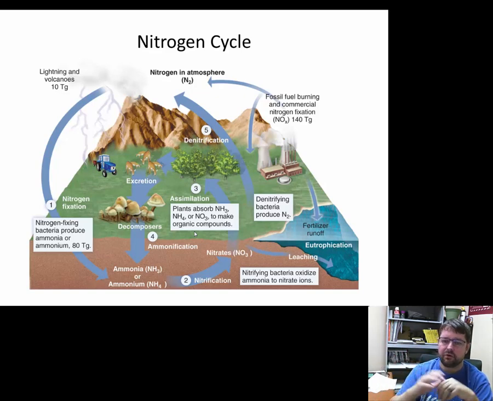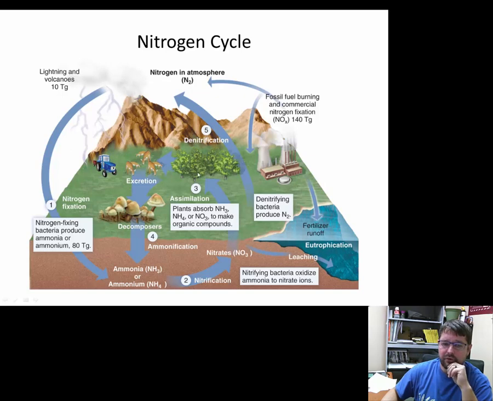And we'll watch a little video later about that system. But the other thing that can happen is, just by burning fossil fuels, you're still going to increase nitrous oxide that enters the atmosphere. Lightning and volcanoes will increase a little bit of the nitrogen that's in the atmosphere, not much.